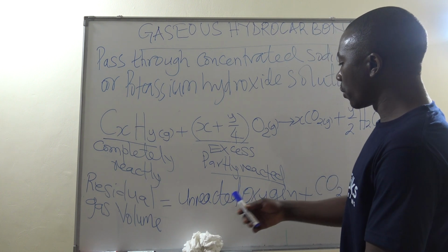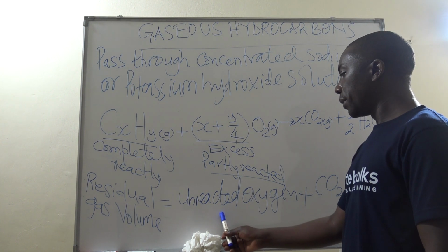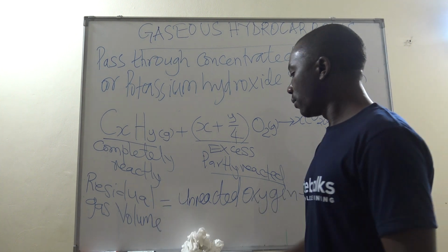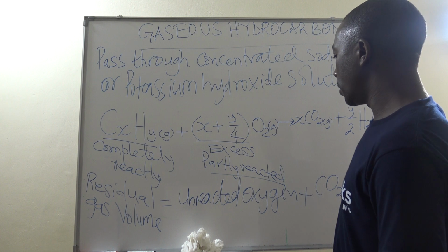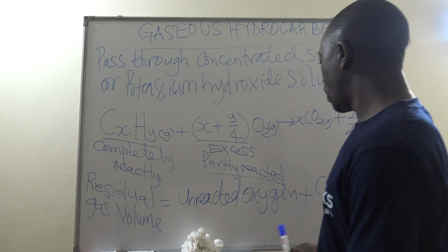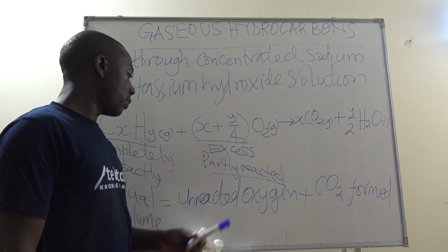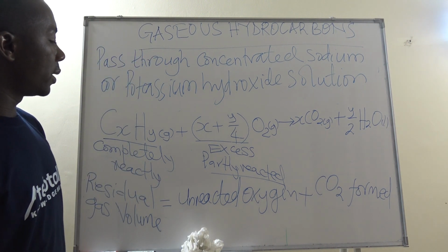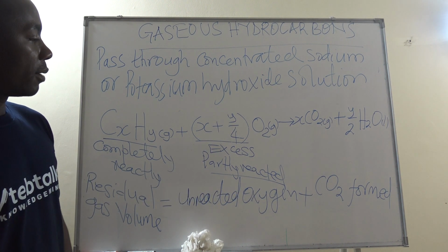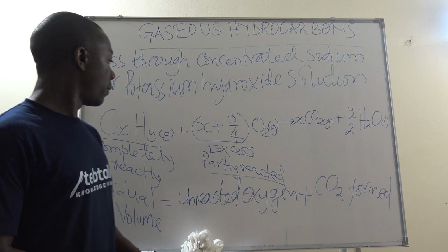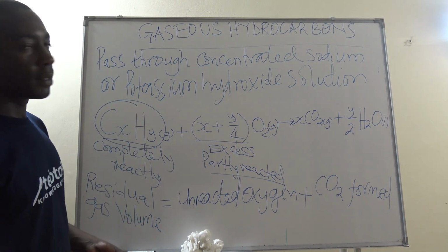So the one that has gone away is the volume of carbon dioxide gas, and the one that remains as part of the residual gas volume is the volume of unreacted oxygen gas. So by subtraction, we shall be able to obtain the volume of carbon dioxide gas formed and the volume of unreacted oxygen. So later we use these two pieces of information to go ahead and calculate the molecular formula of the hydrocarbon, which is in the gaseous state.